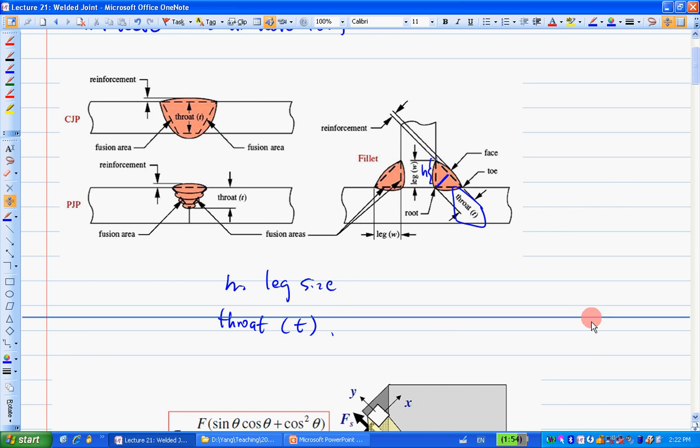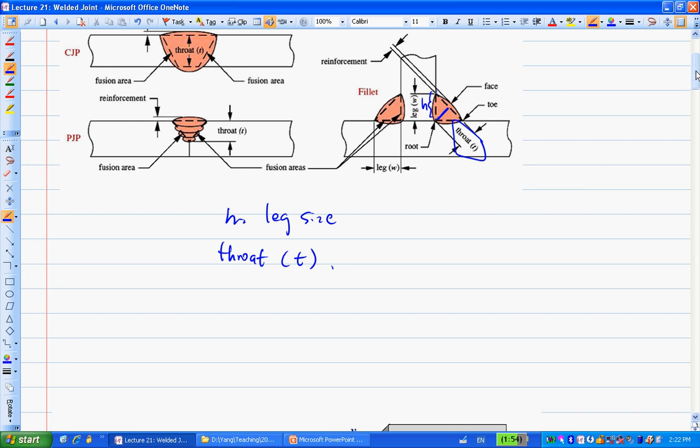So now you have two areas. One is called the throat area. The throat area is T times the length of the weld, where L is the length of the weld.